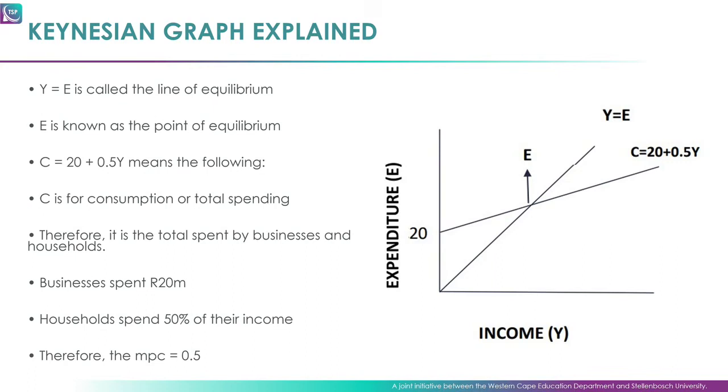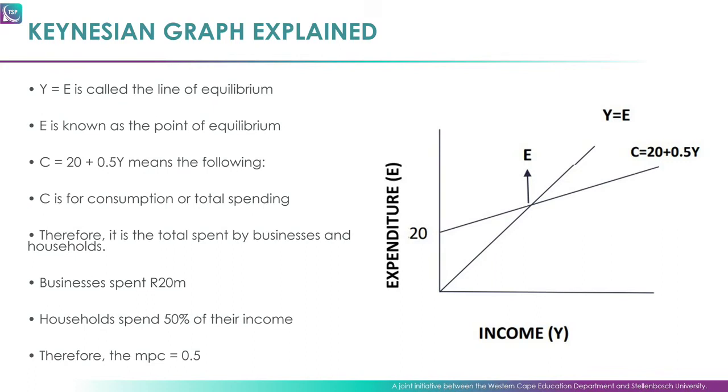So this could be 20 Rand, in this instance here it's 20 million Rand that has been invested by businesses, plus what is being spent by households, and the 0.5Y is telling me that the households spend 50% of their income, right? That 0.5Y means 50% of Y. So Y, as you know, stands for income, and this is showing us that consumers are spending 50% of their income.